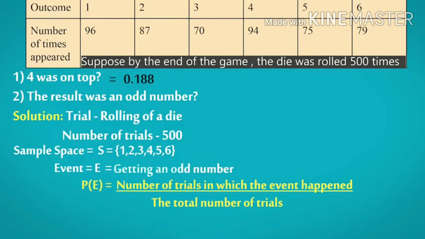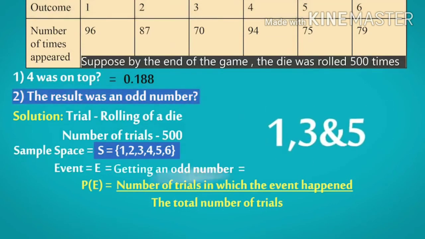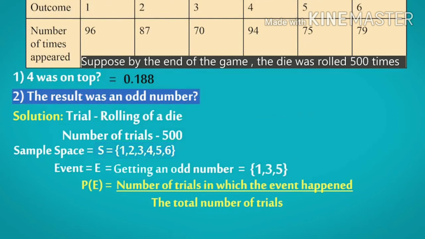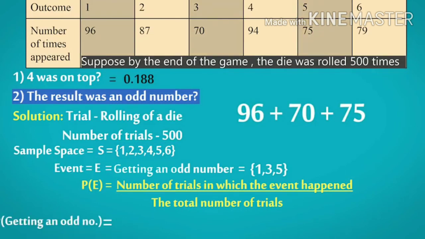Now the second one, getting an odd number. What are the odd numbers in the sample space? 1, 3 and 5. Together, how many times were they rolled? 96 plus 70 plus 75.